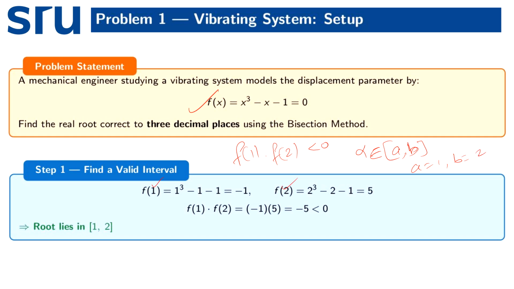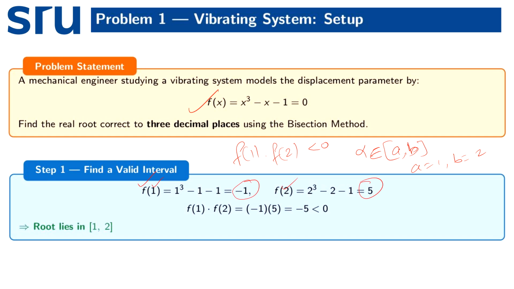Let us check at a equal to 1. We get f of 1 equal to minus 1. At x equal to 2, or b equal to 2, f of 2 will be equal to 5, from the equation f of x equals x cube minus x minus 1.